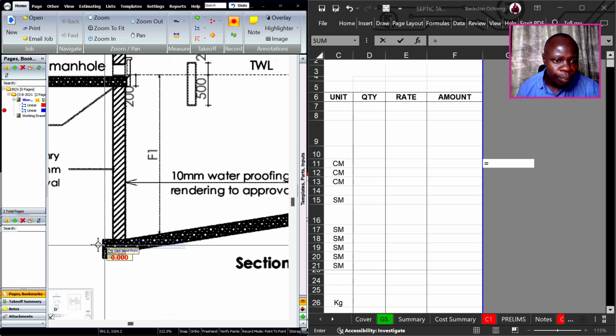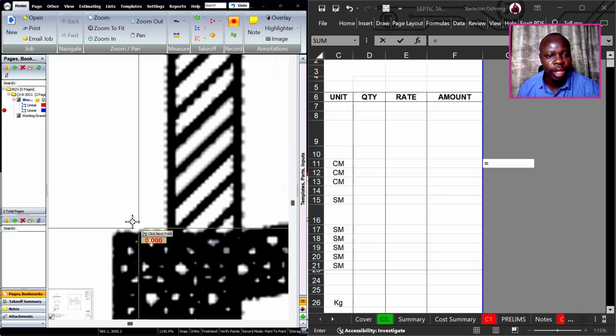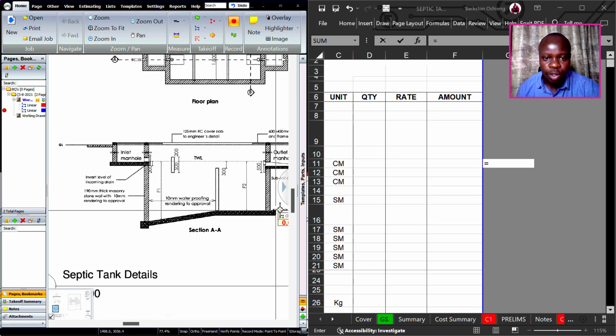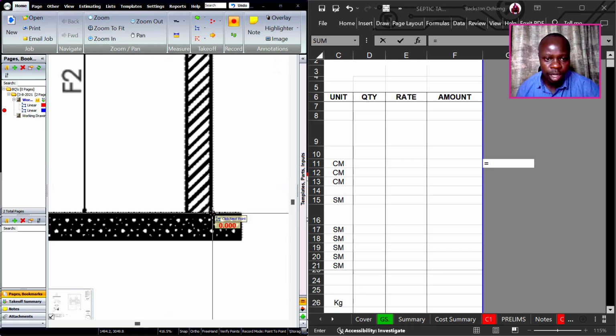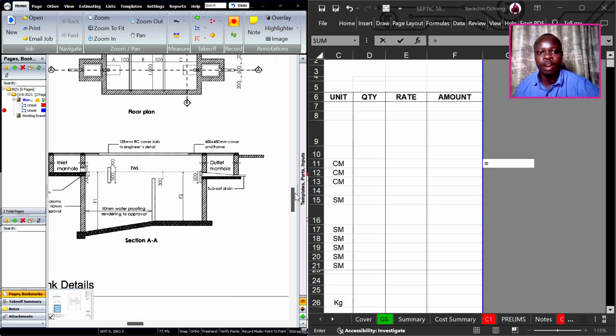Let me just zoom it in well so that I can read it properly. So we'll take 165 as an extension that side. And also, let's also see this one here. This other side will take 230. Yeah, they don't seem to be uniform. So we'll just read and adopt what is here.